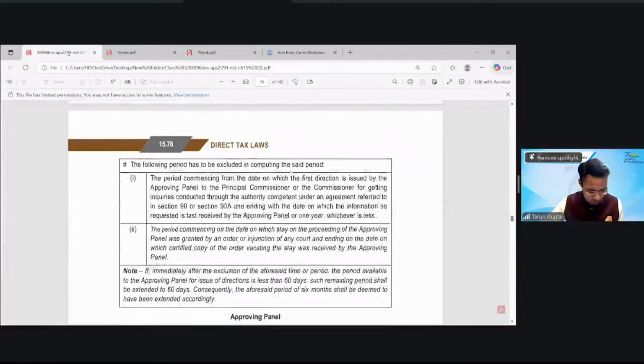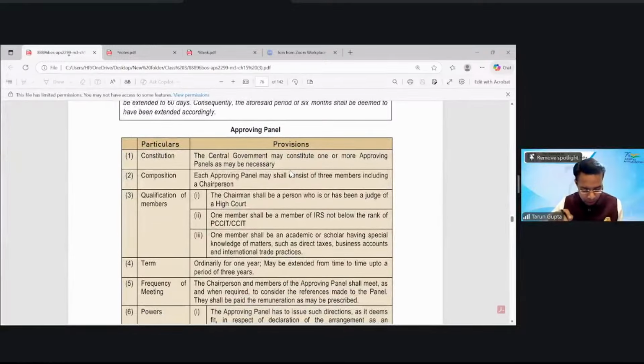I'll show you the composition of the approving panel. Who is the approving panel? Each panel shall consist of 3 members, including a chairperson. The chairman shall be a person who is or has been a judge of the High Court. One member shall be a member of the IRS not below the rank of Principal Chief Commissioner or Chief Commissioner.